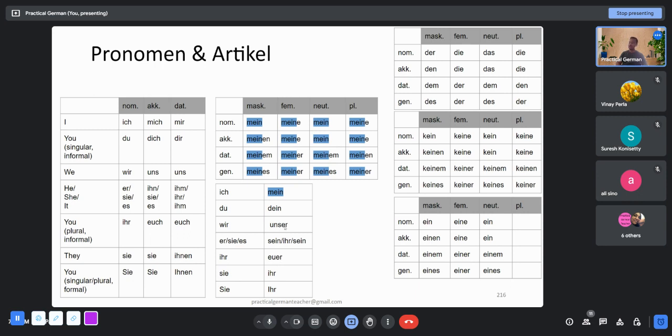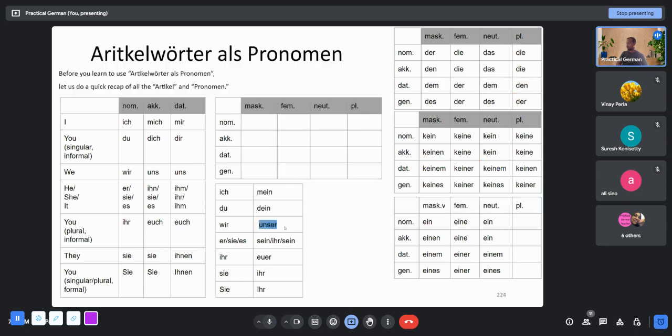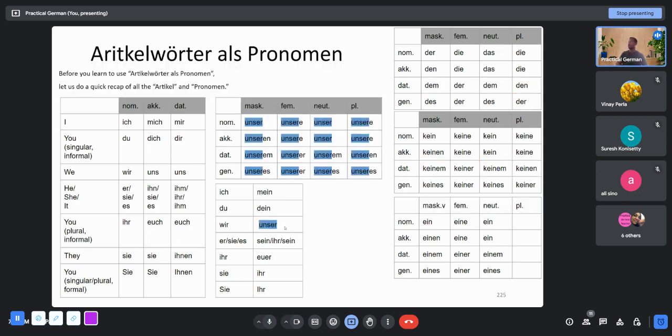Let's talk about this. So this is the table for mein. Let's talk about the possessive article table for unser. We'll skip this extra note. So you have nominative case: unser, unsere, unser, unsere, accusative unseren, and the other three remain the same, right?